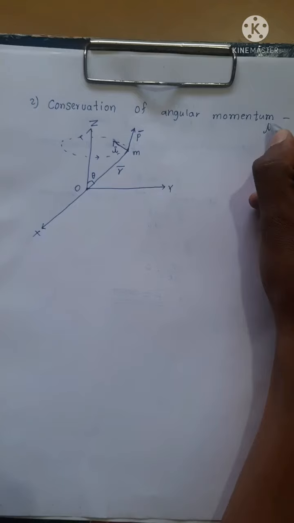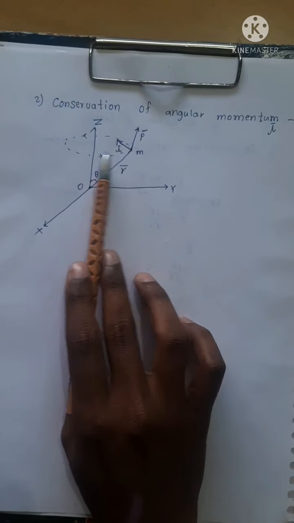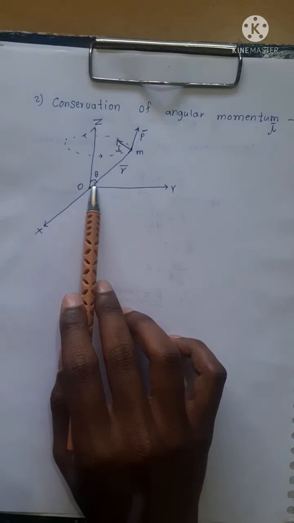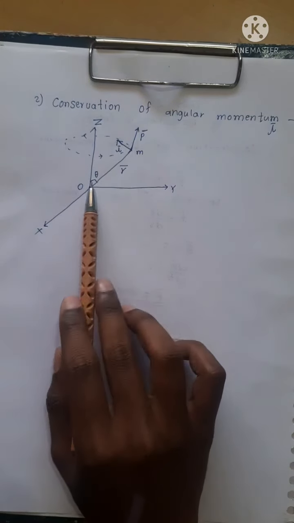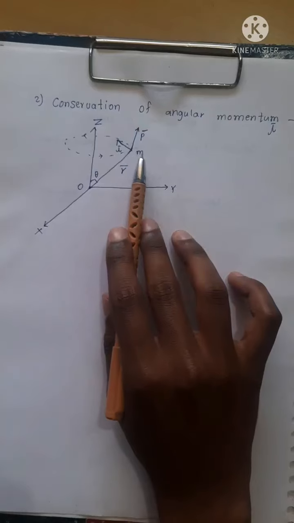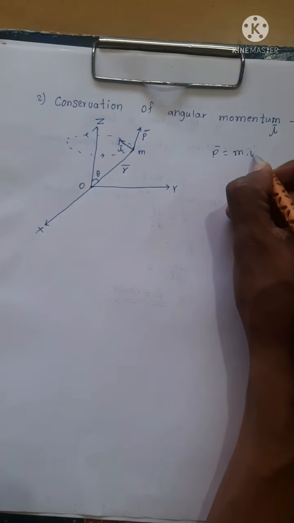Let's study the conservation of angular momentum, L bar. Consider this diagram. Here a particle of mass m is rotating about the axis Z, and this is the angle theta made by its position vector from the origin O. P bar, we know, is the linear momentum of this particle, which is m V bar.